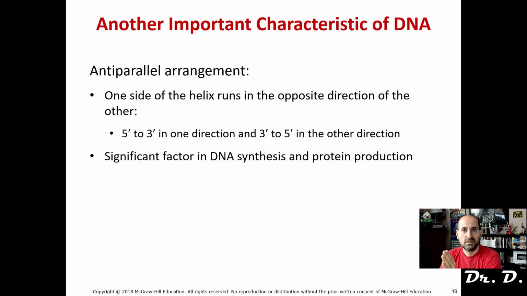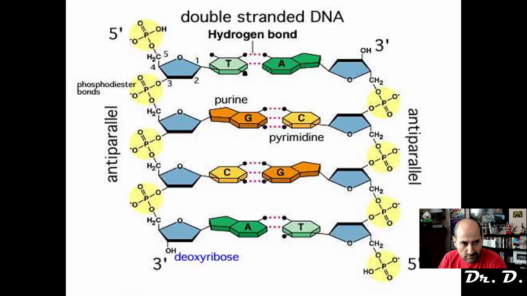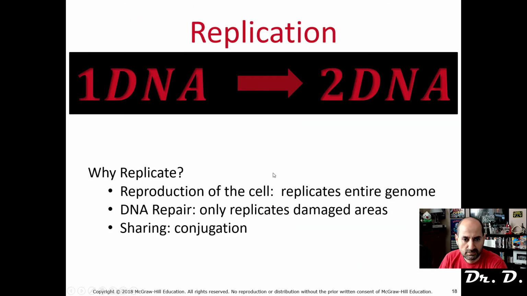It's directional. If you have 2 strands of DNA, one strand is going 5' to 3' in one direction, and the other strand is going 5' to 3' in the other direction. And notice how the nucleotides, the nitrogenous bases, are held together by hydrogen bonds. That's very important to know.